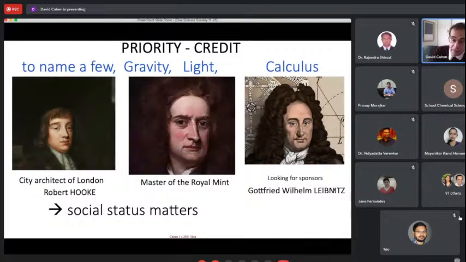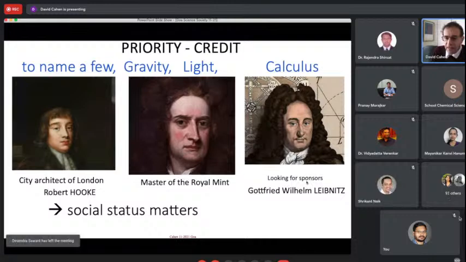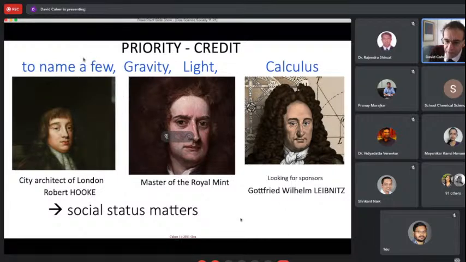And this is Leibniz, Robert Hooke, and Isaac Newton. Leibniz and Newton independently invented calculus. Especially Newton was not happy about sharing credit.